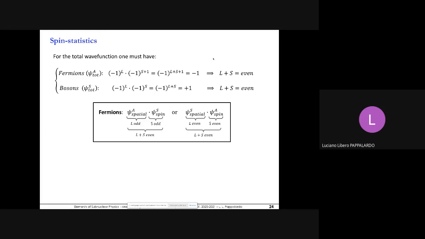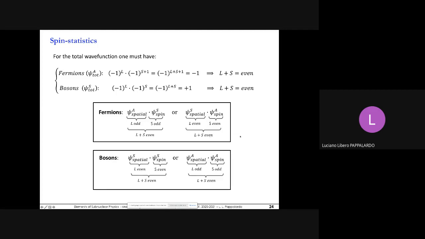So the requirement in both cases is that the sum of the orbital angular momentum and the spin must be even. For fermions, we have two possibilities in order to have a fully antisymmetric wave function. Either the spatial component is antisymmetric and the spin component is symmetric, and this corresponds overall to L plus S even, or the contrary, the spatial component is symmetric and the spin component is antisymmetric. And this again corresponds to the only allowed combination, that L plus S is even.